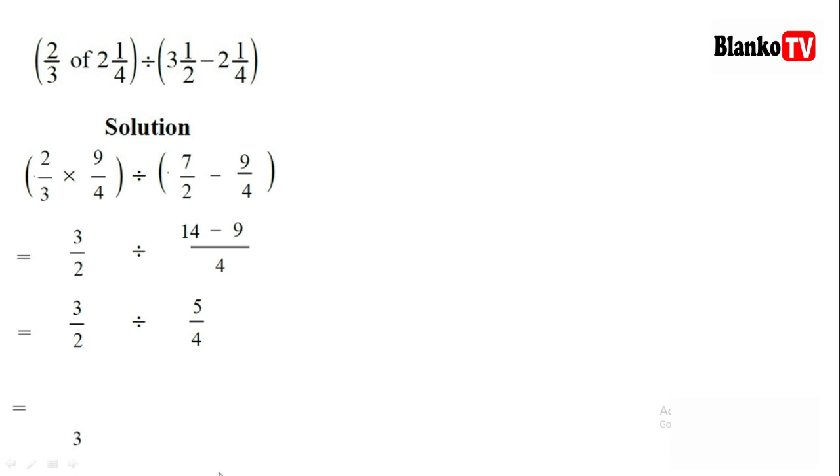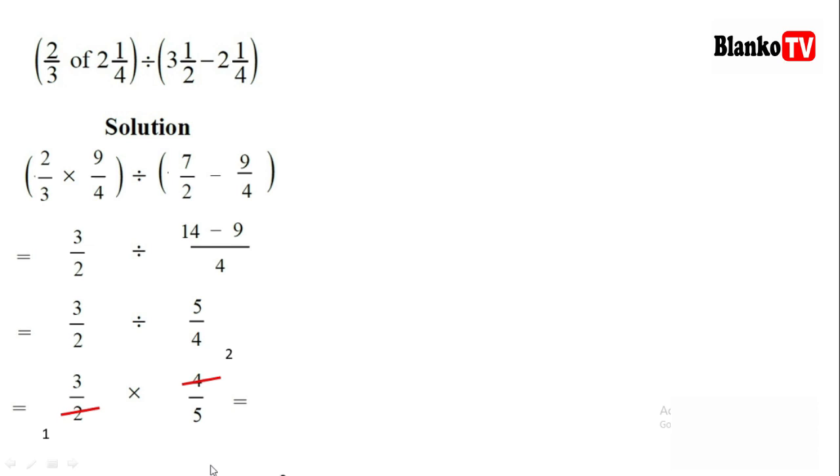Okay, so 3 over 2, then we change this division sign to multiplication, then we find the reciprocal of 5 over 4, which is 4 over 5. Okay, so we do what we call cancellation here. So 2 will cancel itself once, 2 will cancel 4 two times.